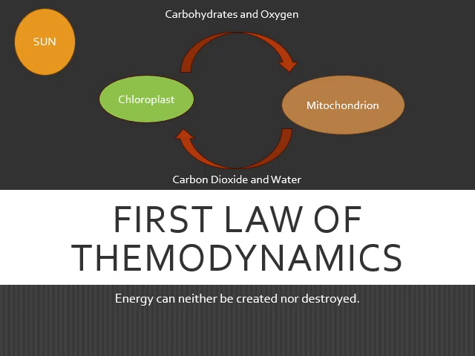So we're going from kinetic energy of the sun to potential energy of the bonds of glucose, to releasing that energy in the mitochondrion to make ATP. You bind ATP together, you're using the energy from the glucose to build new molecules. So it's back to potential energy. We are not losing energy in the system. We are simply transforming it from one form to another.